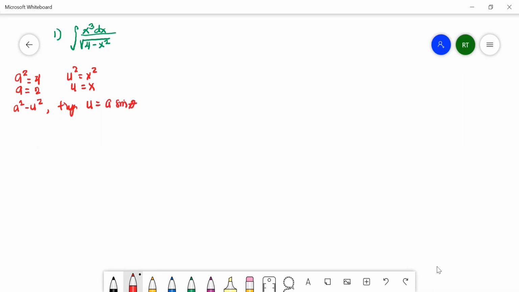Since u is equal to x and a is equal to 2, we will let x equal 2 sine of theta. And since x is equal to 2 sine of theta, we can get the differential of both sides of the equation.